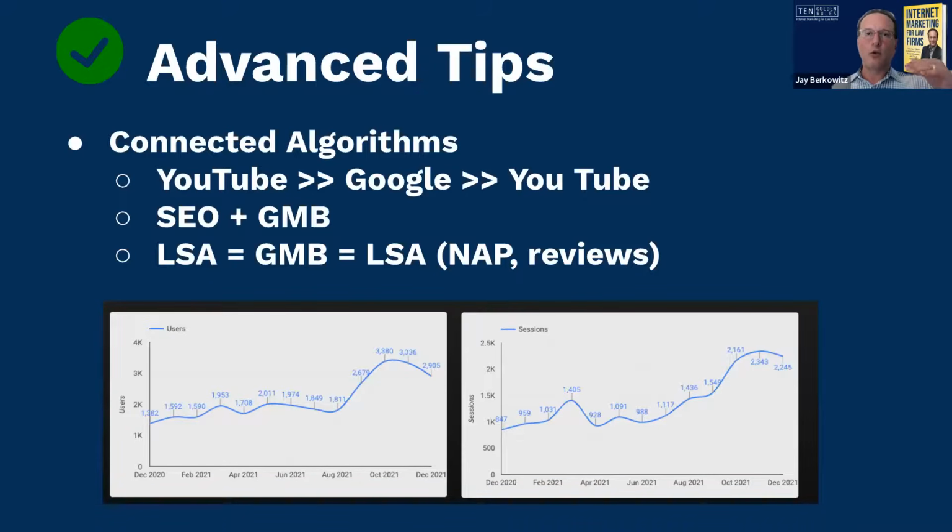And when your videos were showing up in SEO, your YouTube results, getting traction on YouTube, were also improving. Same thing with SEO today, regular search engine optimization listings, and the Google My Business or Google Maps listings.